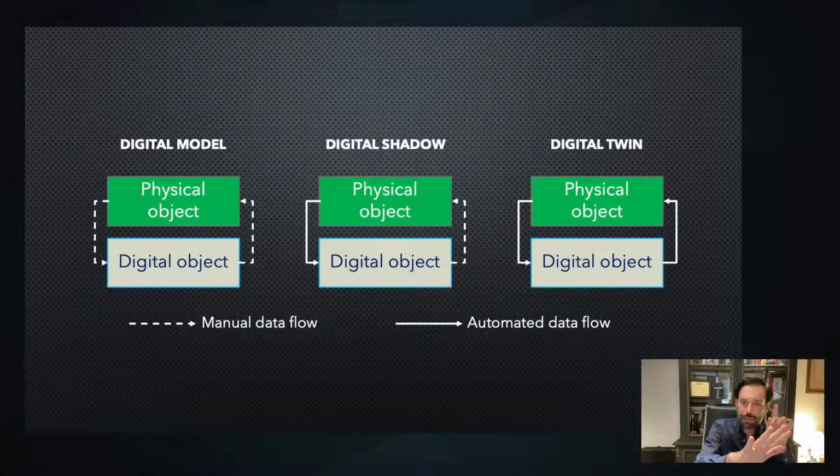But then if the surgeon changes something in the 3D model, so if they open your finger, your first finger, for example, then a robot goes to your physical hand and opens your finger. Okay, so everything is connected. What happens on the digital model happens in the physical one, and vice versa.